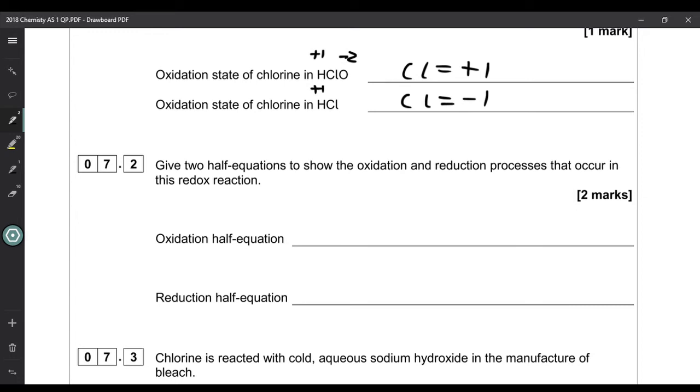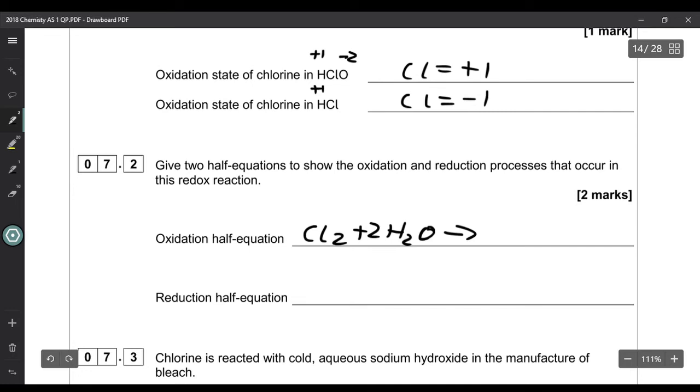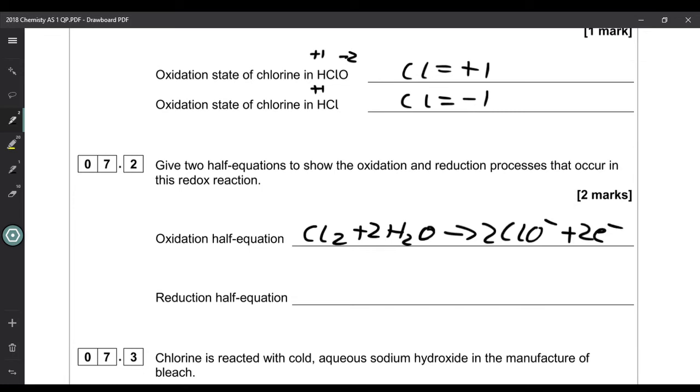So in this case, we've got Cl2 plus 2H2O, and that takes us to 2HClO plus 2H+ plus 2 electrons. Now we could have put the protons in here as well, but you'd have got the mark just by ignoring the protons in this.